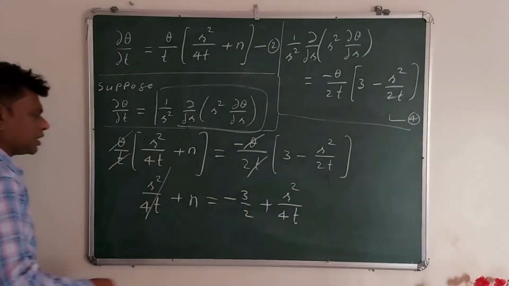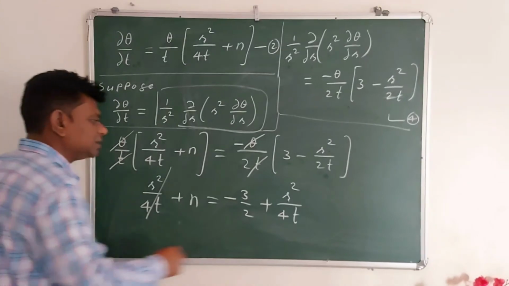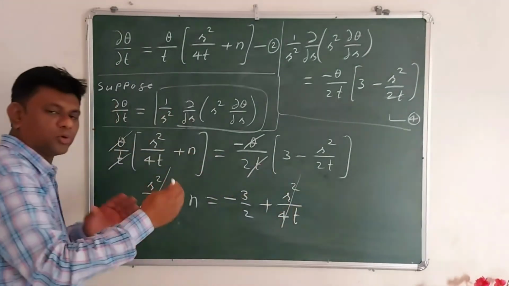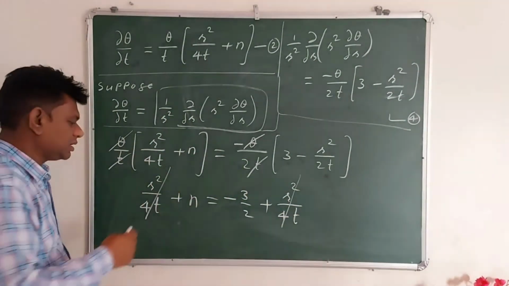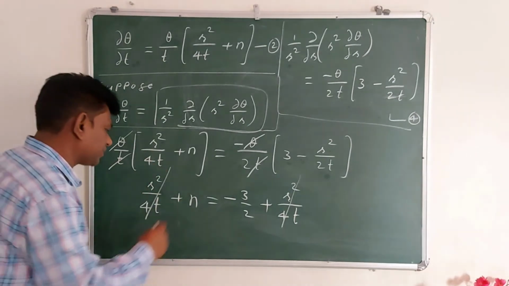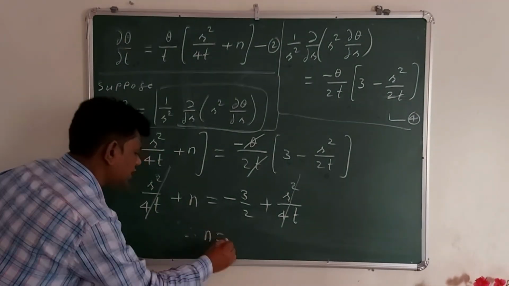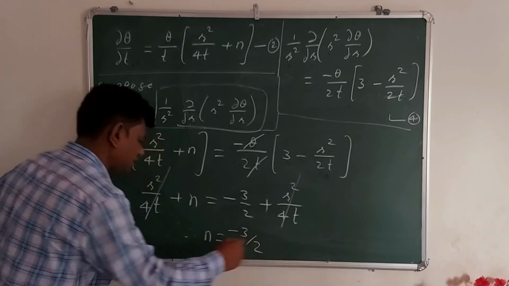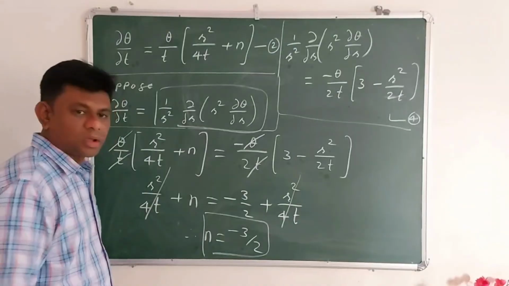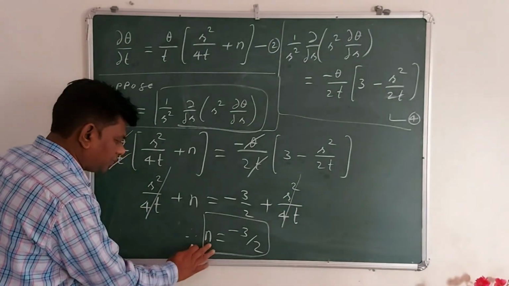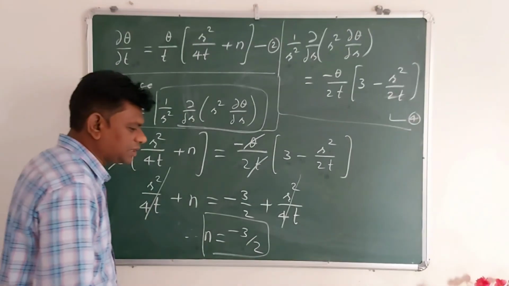Now this r square upon 4t gets cancelled from the left hand side and right hand side. And therefore finally we get n equal to minus 3 by 2. And therefore we get the value of n equal to minus 3 by 2.